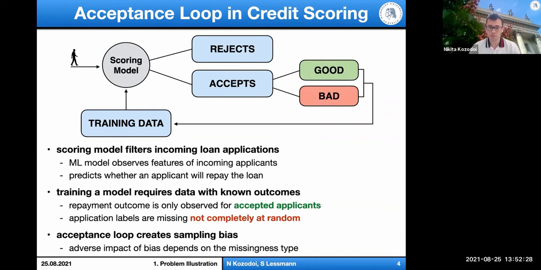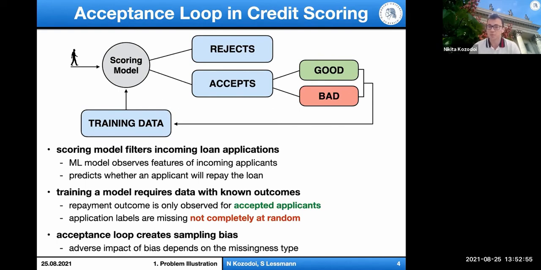The problem with this approach is that we only eventually learn the actual repayment outcome and the label for the customers that were accepted by the financial institution. So if the customer repays the loan, we label them as good. If they do not do it timely, we label them as bad risks. And then we use the training data that contains such applications to train and update our scoring model.